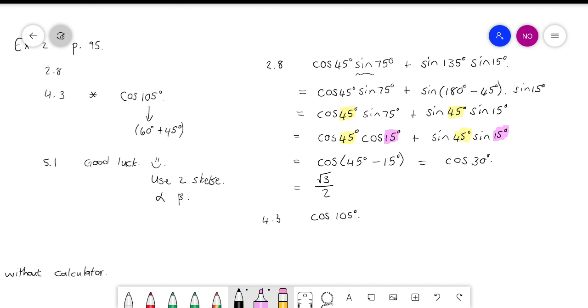Nou dit maak nie saak wat se hoek ek vir jou gegee het nie. Jy moet gaan kyk hoe kan jy dit kry deur gebruik te maak van jou spesiale hoeke. Now remember your special angles also include 90 degrees. Okay? This one we're not going to use 90. I actually gave you the expansion. But just remember that you have to look at 90 as well.